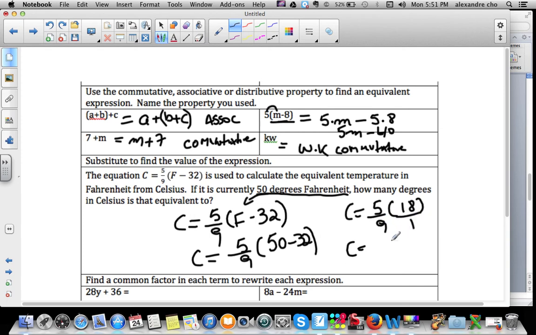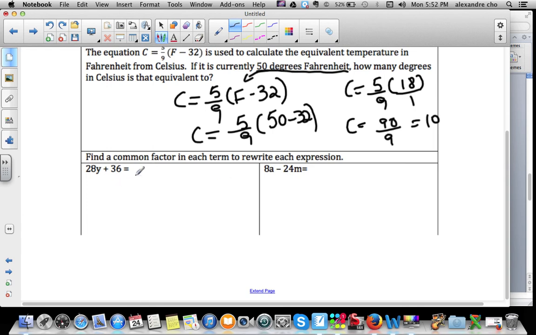Well, you can put that over 1, and you multiply fractions, top times top, bottom times bottom, 5 times 18, that's 90. 9 times 1 is 9, or 90 over 9 is simply 10. So, if it's 50 degrees Fahrenheit in the United States, that is equivalent to 10 degrees Celsius. Okay.